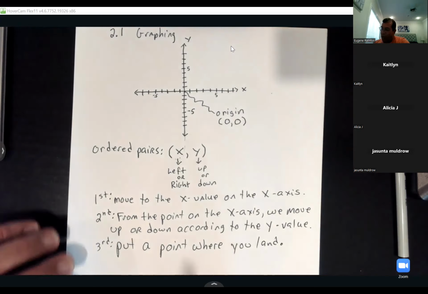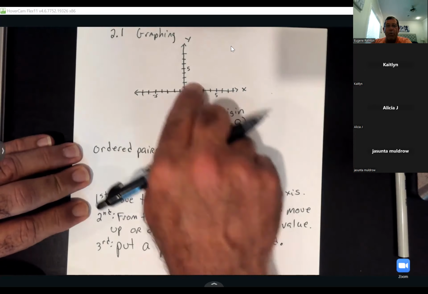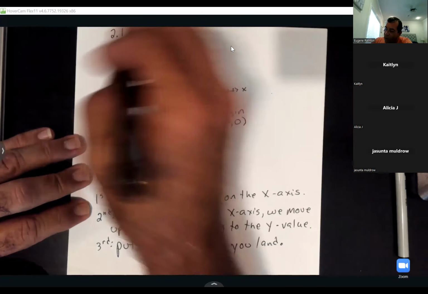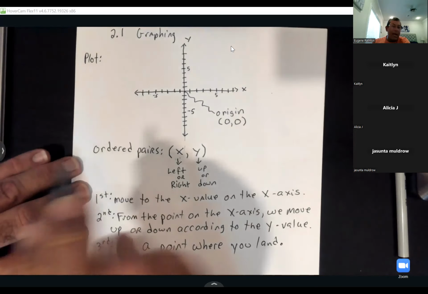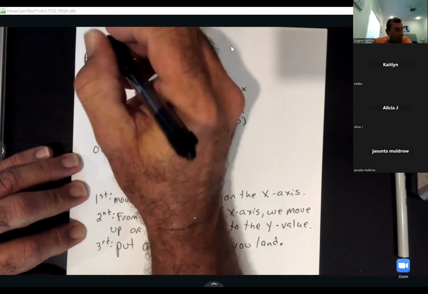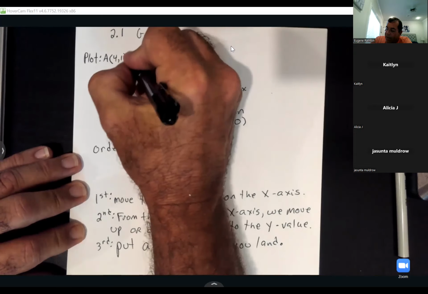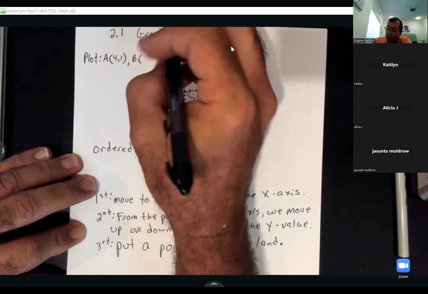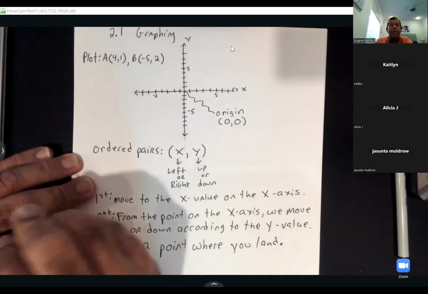So y'all, what I'm going to do over here, we're going to plot a few points in here. And I'll label the points as I plot them. So A is going to be 4, 1. B, we'll plot that point will be -5, 2.